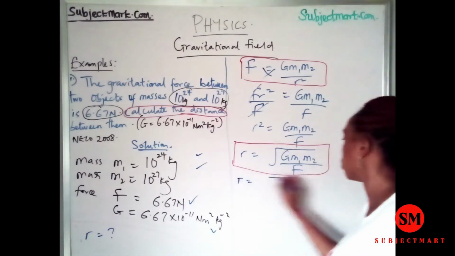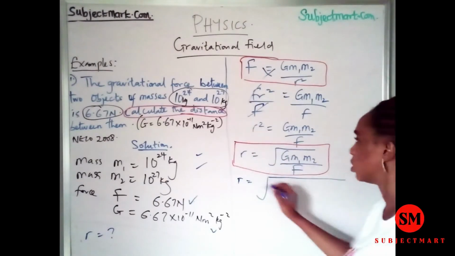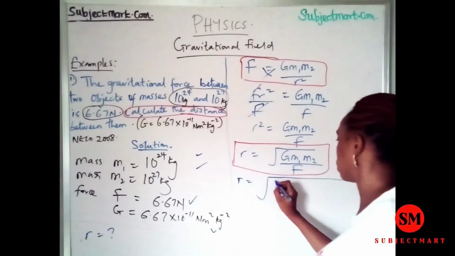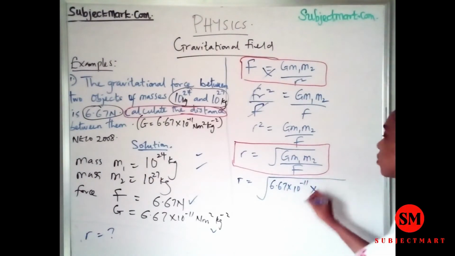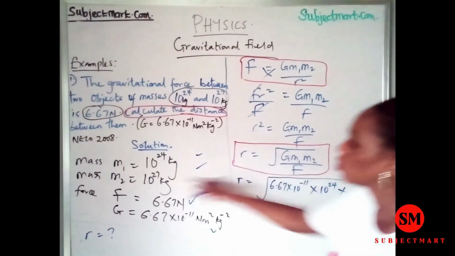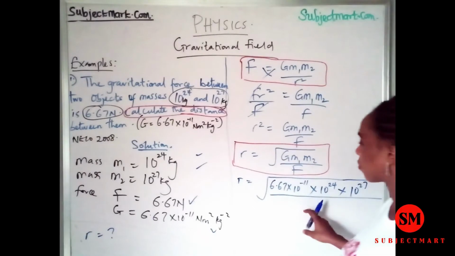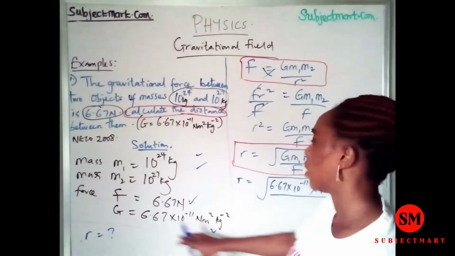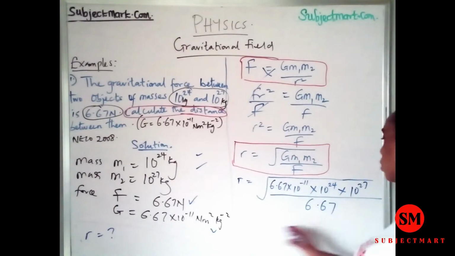My R, therefore, is equal to, wherever I see G, I'm just going to put it. This is my G. M1 is 10 raised to the power 24. M2 is 10 raised to the power 27. Everything all over F. My F here is 6.67.